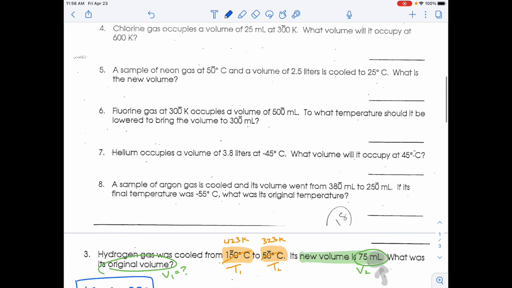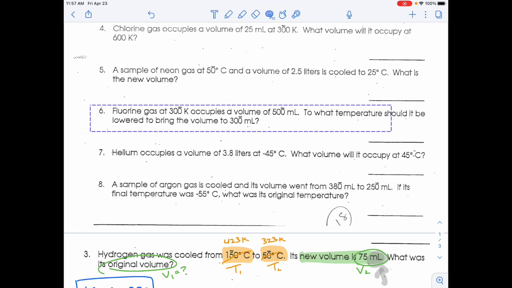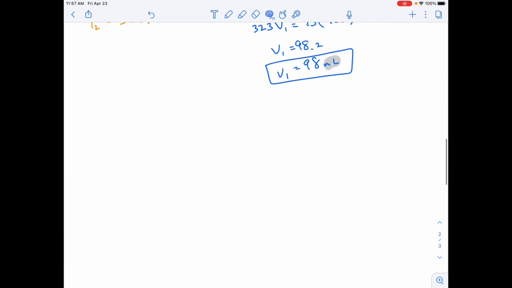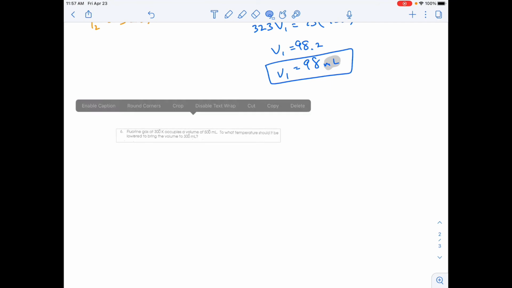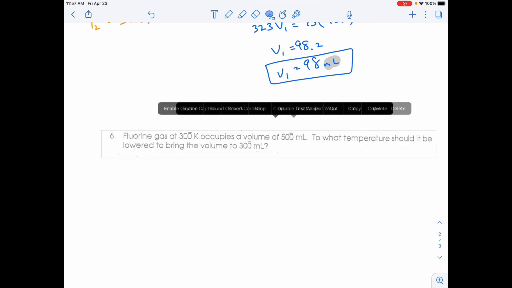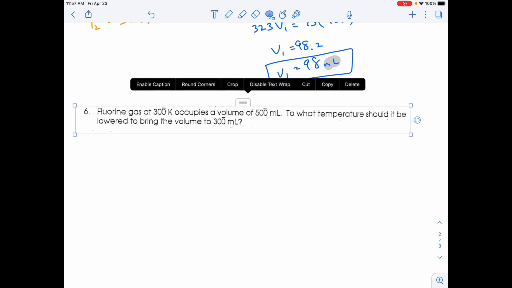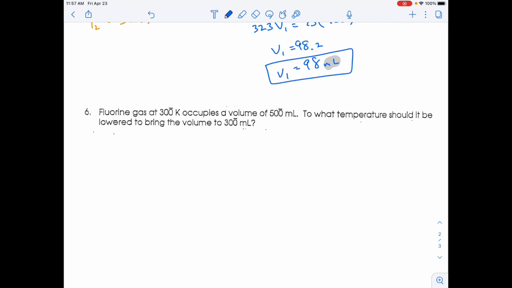I'll do number 6. I'll leave 8. 8's a little challenging. It's got its issue, but I'll see what you can do with that. Okay. But let's do number 6.